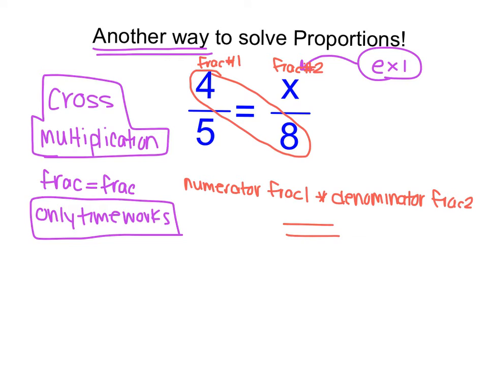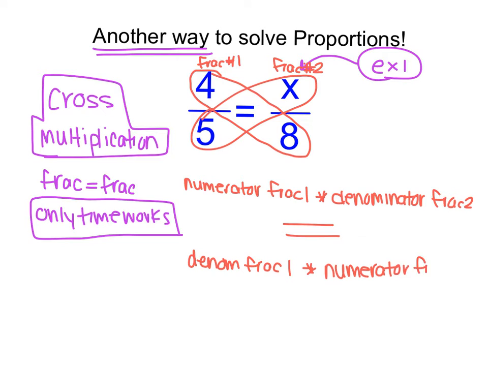And that gets set equal to the denominator of fraction 1 times the numerator of fraction 2. So you'll notice for fraction 1, we take the numerator times the other fraction's denominator, and then that's set equal to fraction 1's denominator times the other numerator. So we're cross multiplying and putting that equal sign in between.